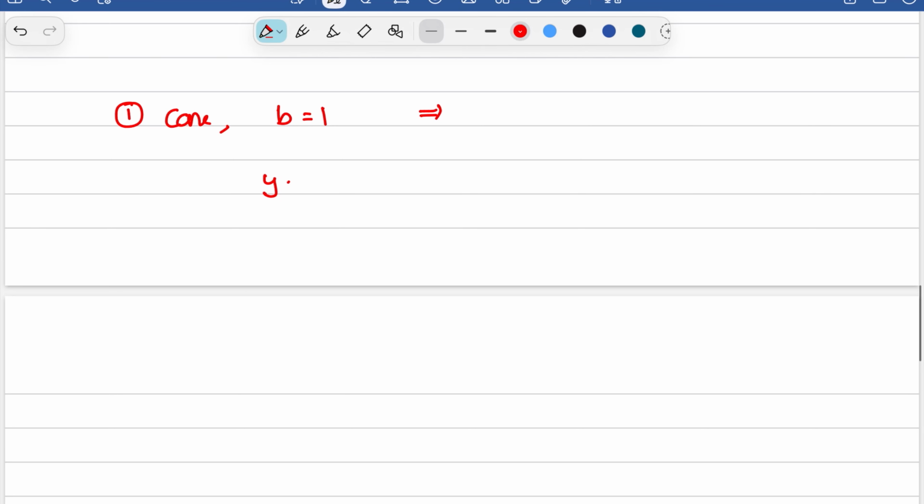Y is equal to, what is the value of y? x minus 2 into 1 by x cube into e to the power of 1 minus x by x square.